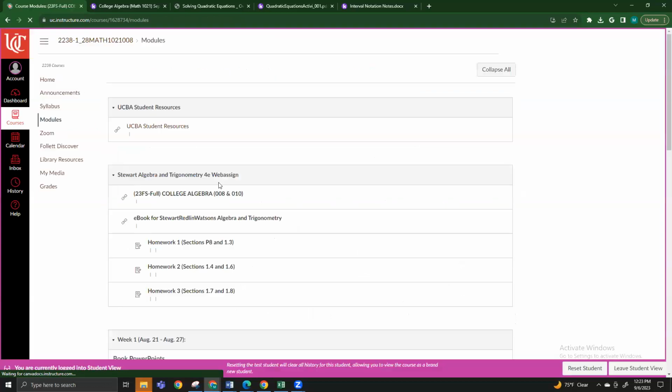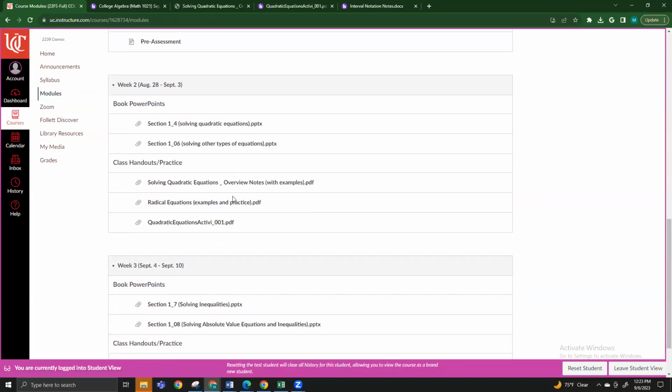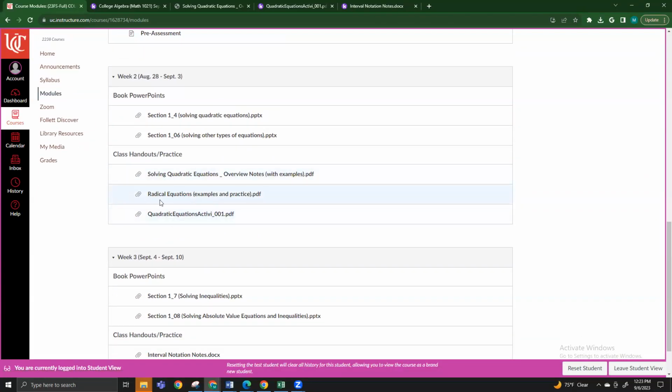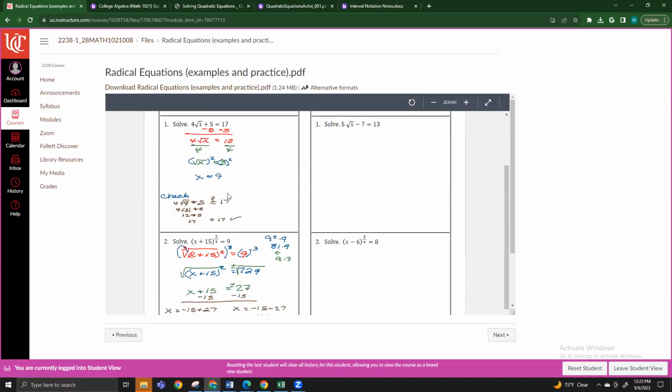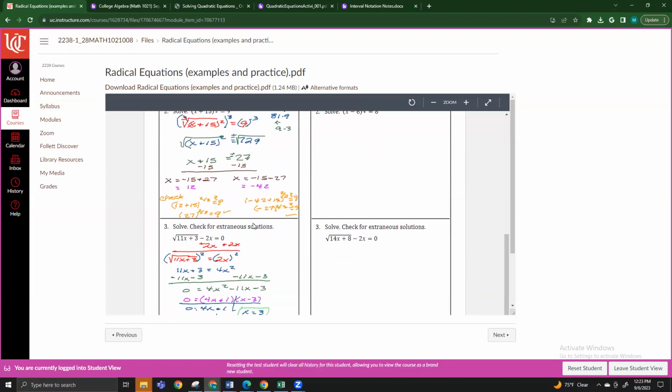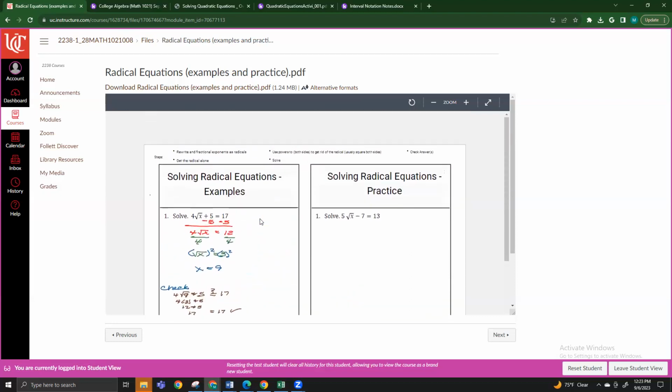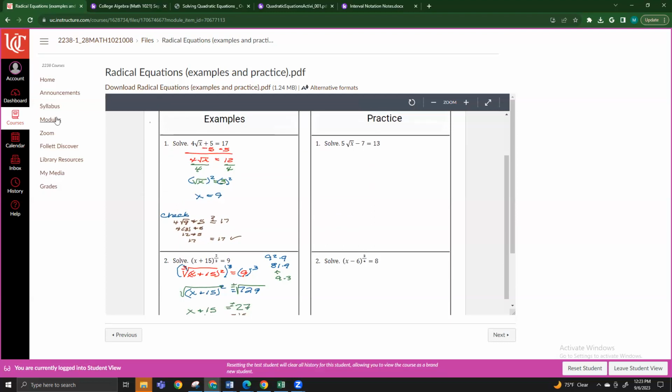Looking back at the modules, the other sheet that I'm referring to is the radical equations. This was notes from Friday, and I did post my worked-out notes, as best I could with my pen on the computer at school. I gave you those to practice. I have not put the answer key up, but I will.